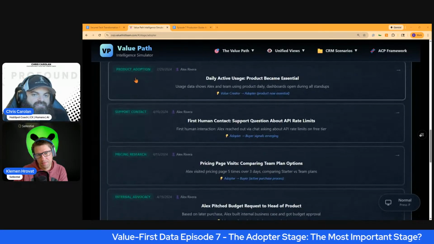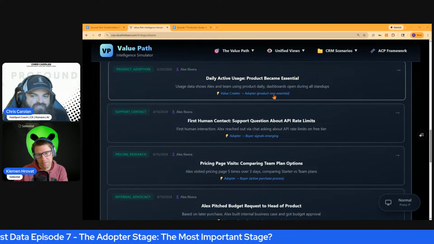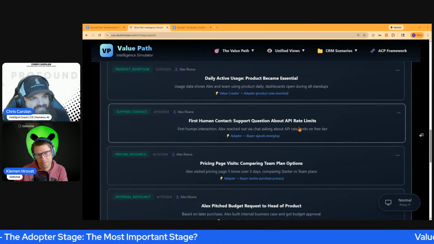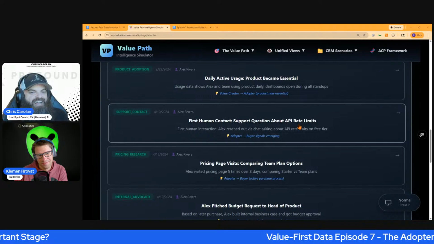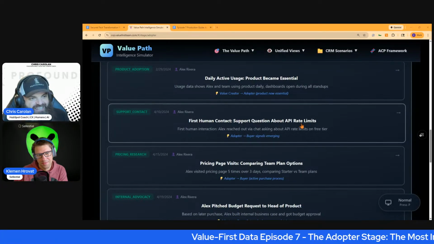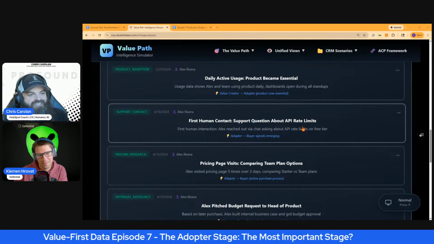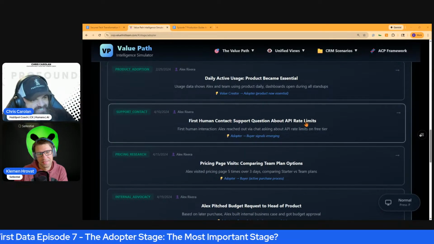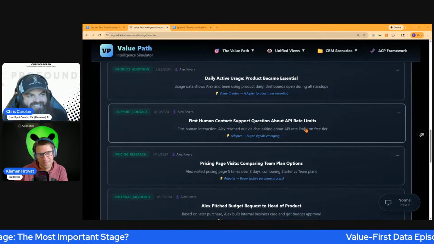And as we move on to product adoption, right? The feeling of essential is when people ask specific questions, like they're hitting limits. Like I said this week, I know I'm adopting AI and vibe coding when I'm hitting the limits with Claude Code, with Anti-Gravity, everywhere I go. That means I'm using it. Yeah.